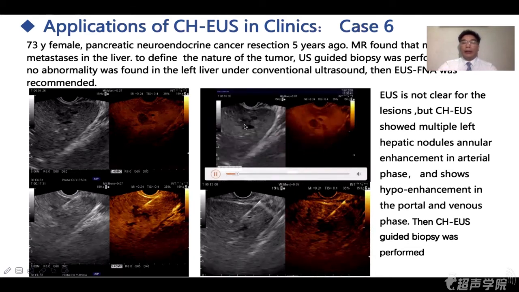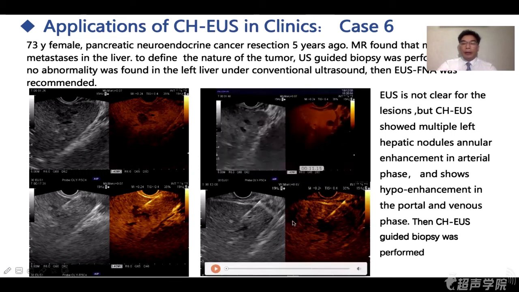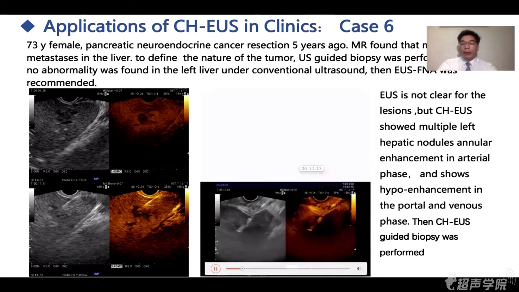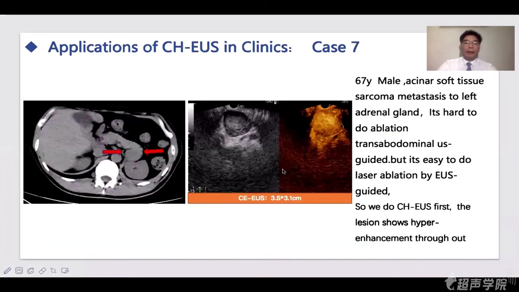EUS was not clear for the lesion, but CHEUS showed multiple left hepatic nodules with annular enhancement in arterial phase and hyperenhancement in the portal and venous phases. Then CHEUS-guided biopsy was performed. The pathology showed poorly differentiated adenocarcinoma.